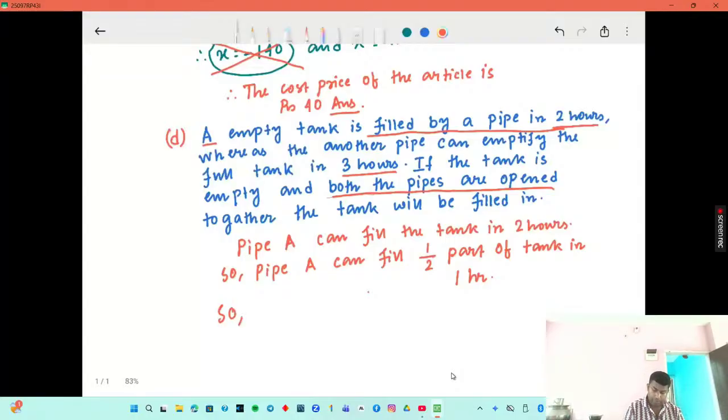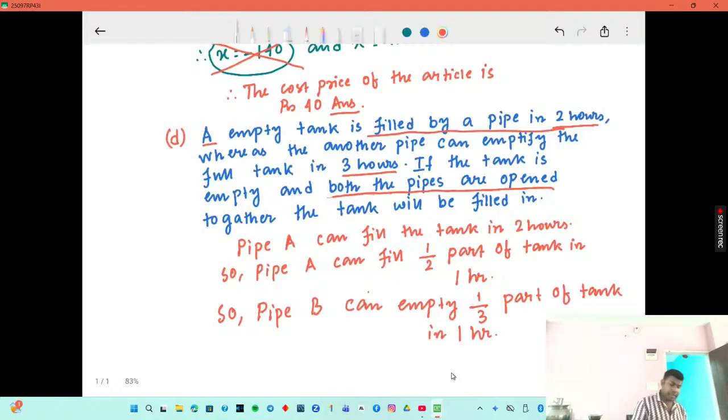If pipe B can empty the tank in 3 hours, then 1/3 of the tank is emptied in 1 hour.